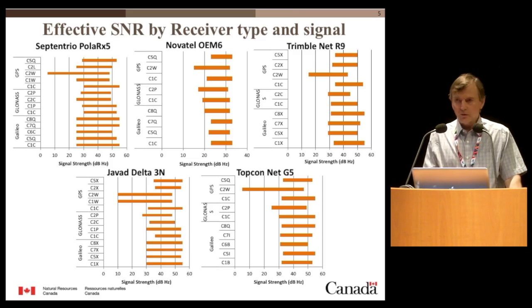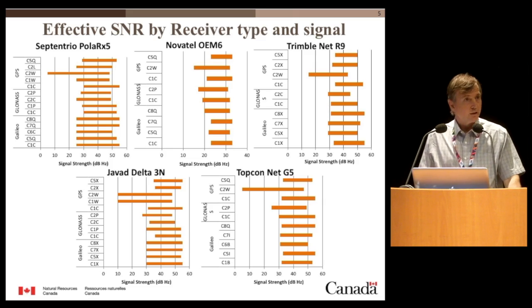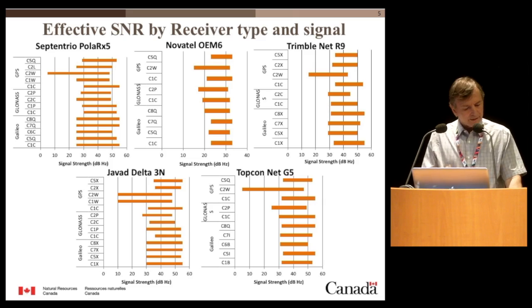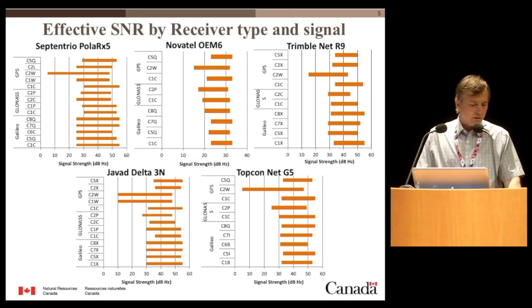They're not the same, and the NovAtel has a very narrow SNR range. On the Galileo side, they seem to be more common. The entry level of tracking and the maximum signal to noise ratio is more similar.